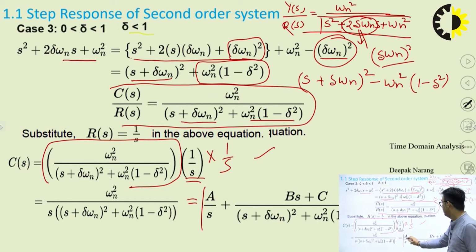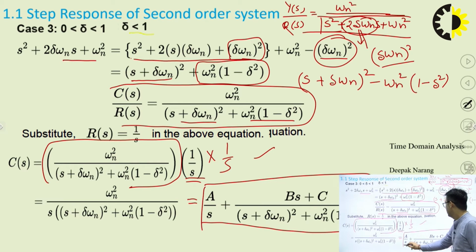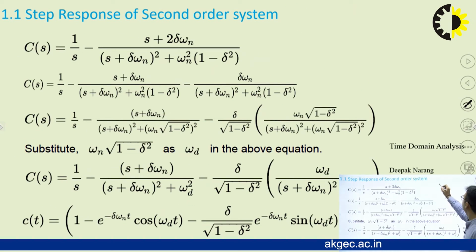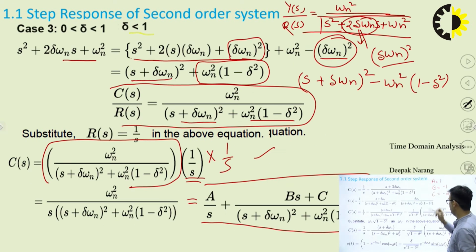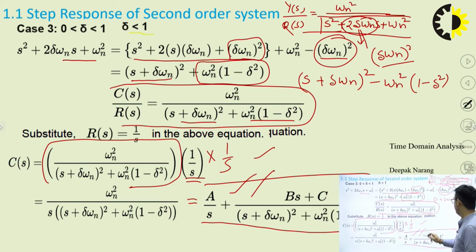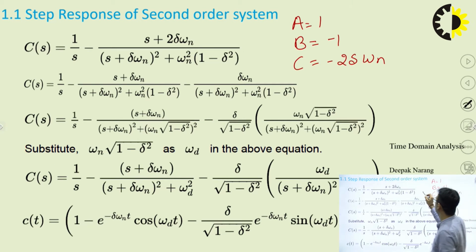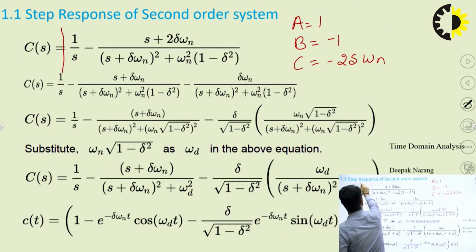After solving partial fraction we get values as A equal to 1, B equal to -1, and C equal to -2 delta omega n. So just by putting these values in this equation we get this part.